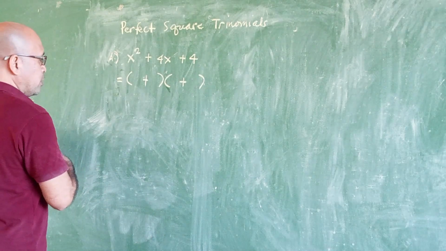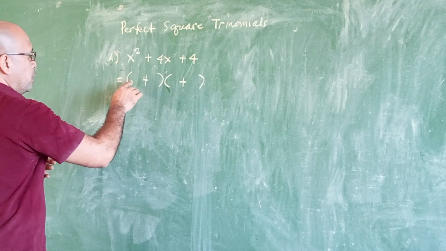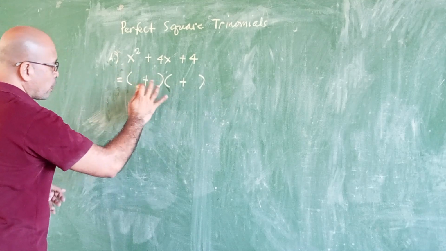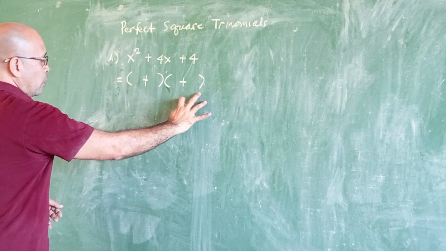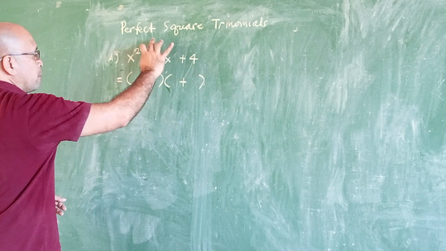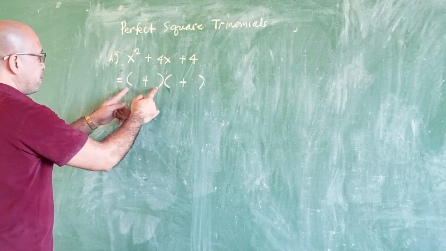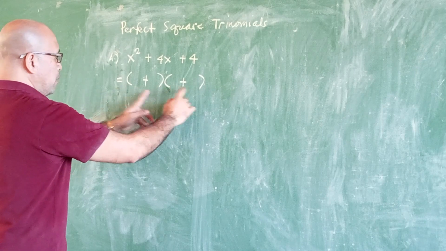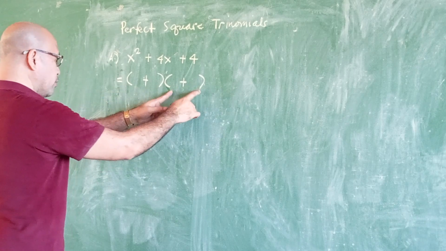Just like in previous examples, if it is a trinomial, your two factors are both binomials. And for the perfect square trinomial, the first factor is the same as the second factor.